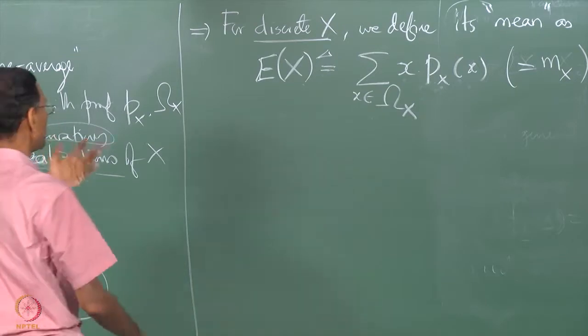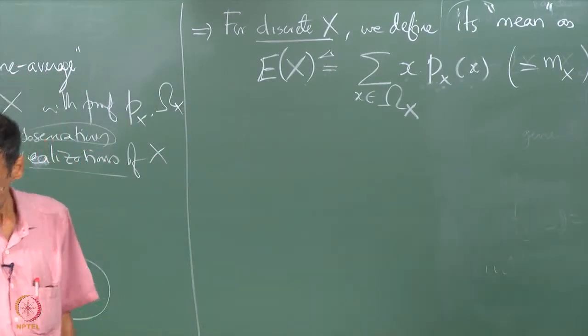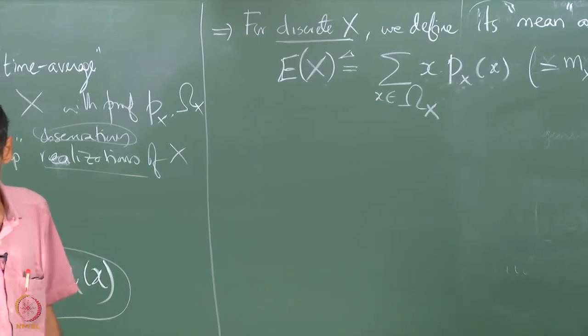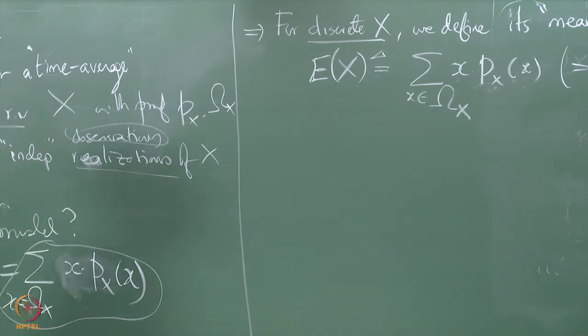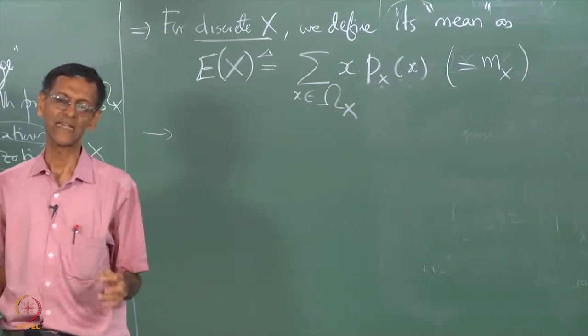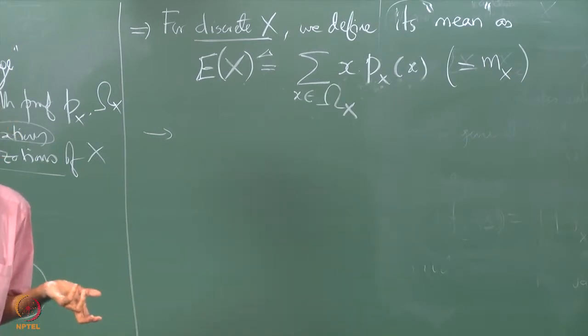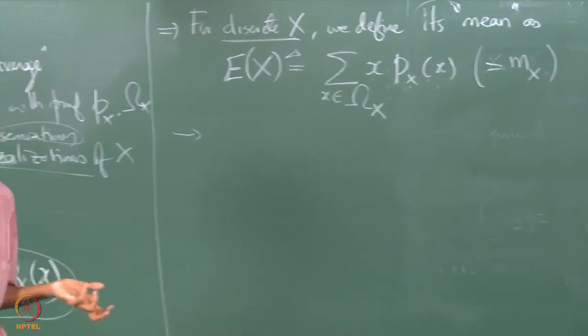Let me also write out what we do when it is continuous. Unfortunately, in the continuous case you can't so easily talk of the probability of X taking the value small x, because that is going to be 0, but instead you look at some small interval around that number small x.